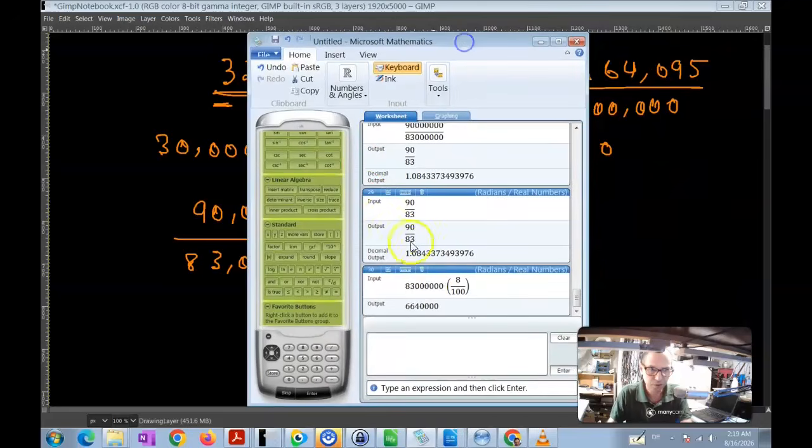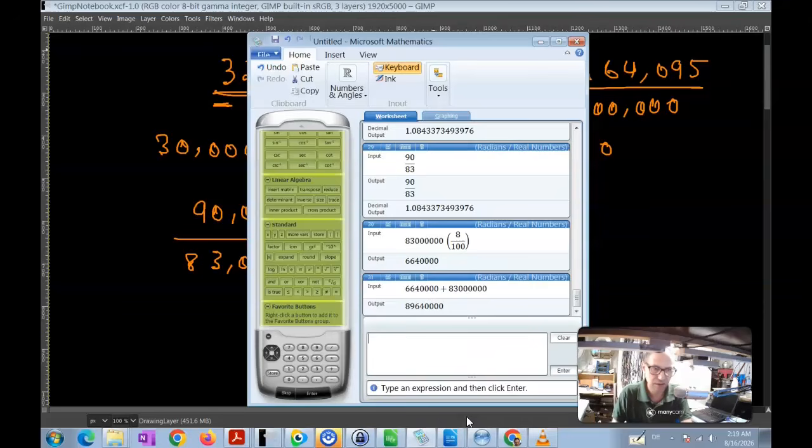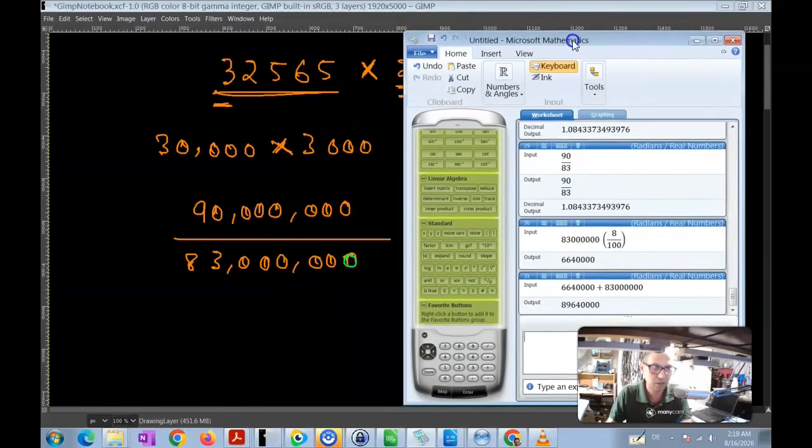So 8% of 83 million is this number, and if I add to it 83 million, that's essentially 89,640,000, which is very close to 90 million.